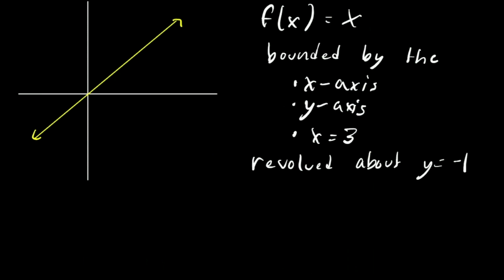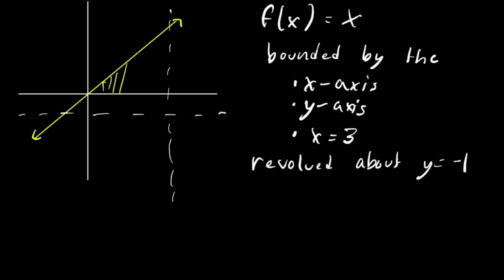Now, this is not a cause for worry. It's the same idea. You just have to think a little bit harder about it. So that's y equals -1. This is x equals 3, our bound.